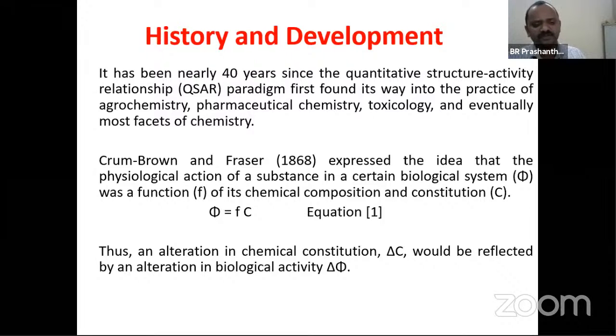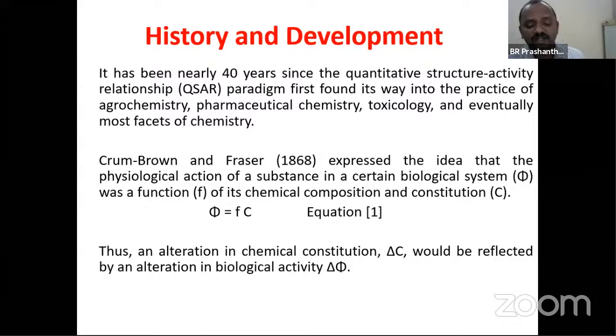But if you look back history-wise, Crum-Brown and Fraser in the year 1868 itself expressed the idea that the physiological action of a substance in a certain biological system was a function of its chemical composition. So phi is equal to a function of chemical constitution. The biological activity is a function of its chemical constitution.